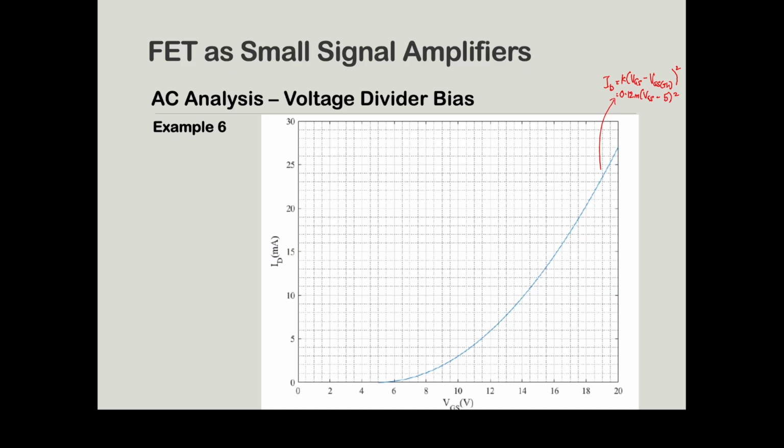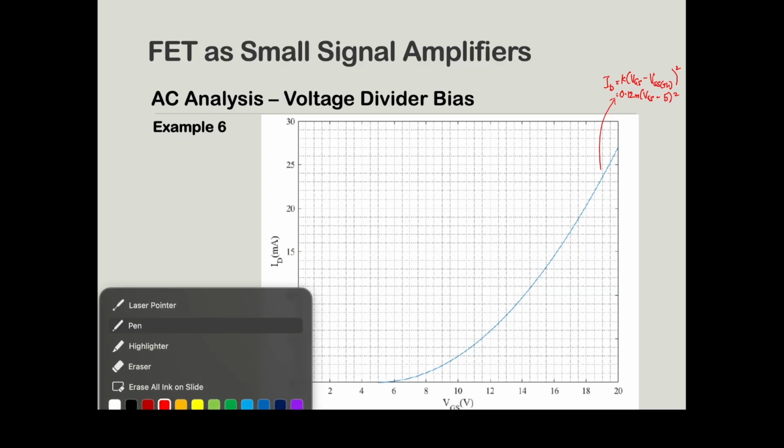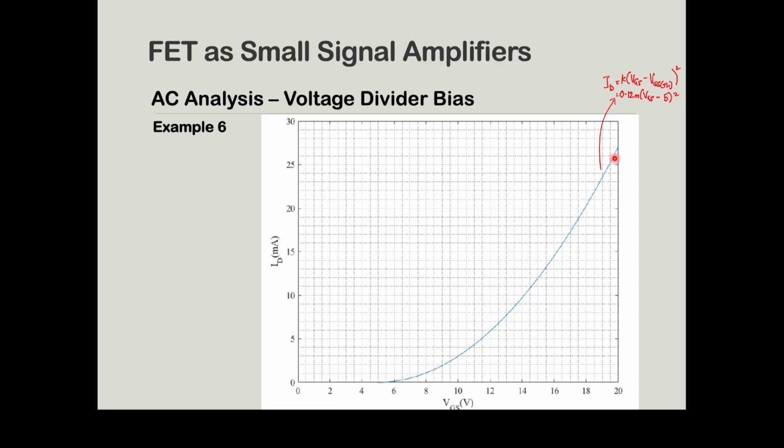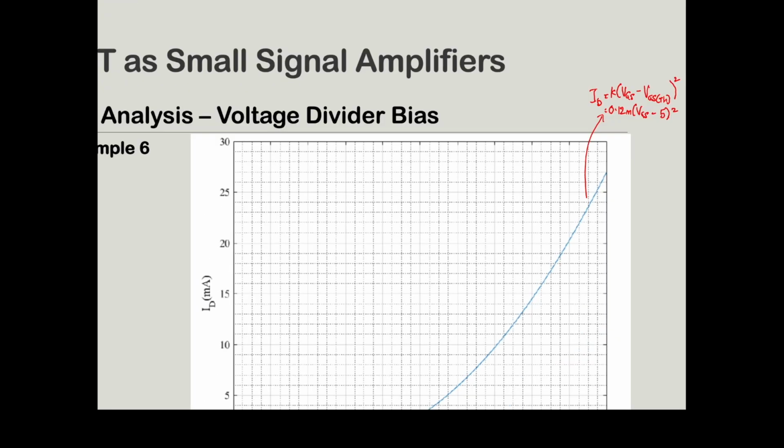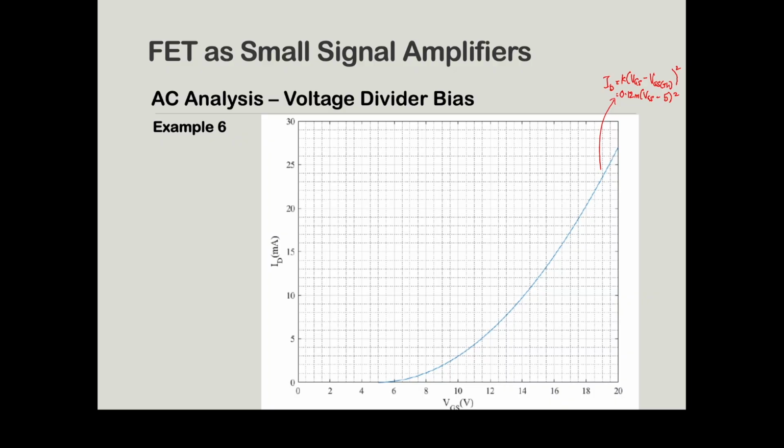But if this is not given, then you have to draw. How to draw this? It's by drawing a table, where you plot the value of VGS and the value of ID.